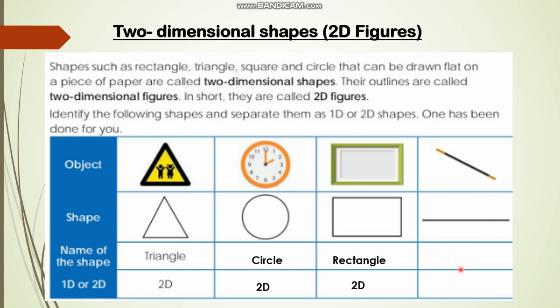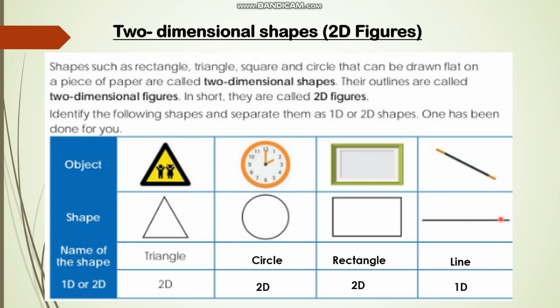And can you tell me, the line is a one-dimensional shape or two-dimensional shape? It's a one-dimensional shape because it has the length only. It doesn't have any breadth or height, any thickness, nothing is there. So, line or line segment is a one-dimensional shape.